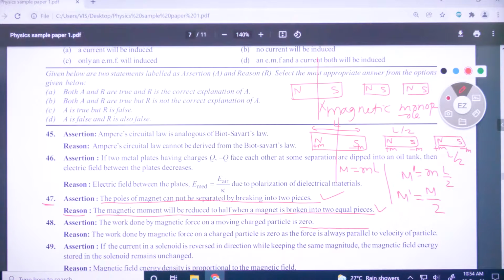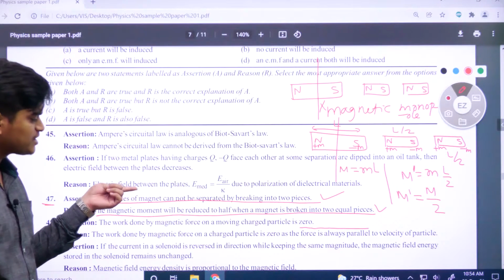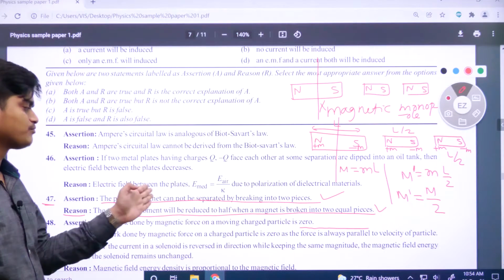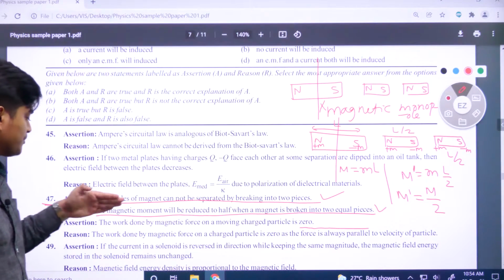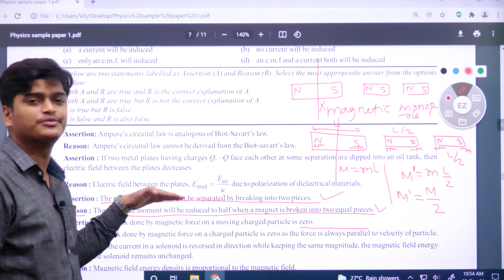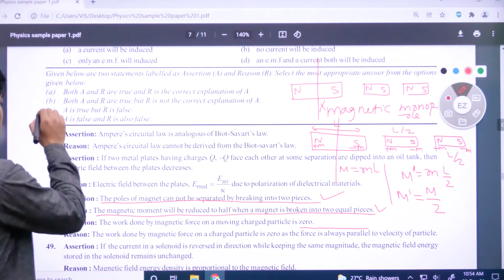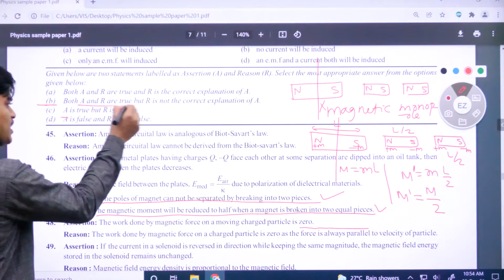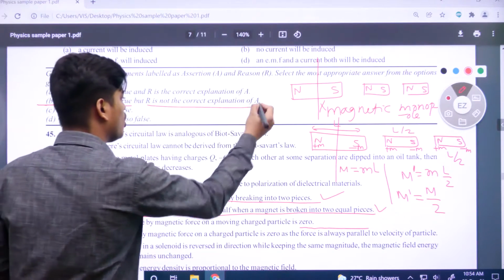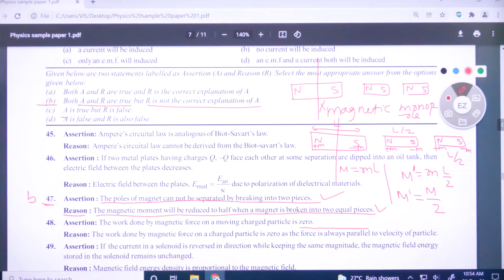But the poles are not separated in this explanation, so this reason is not the correct explanation of the assertion. So what can you say? Now the answer will be B: both are correct, but R is not the correct explanation of A. So that's why the answer will be B.